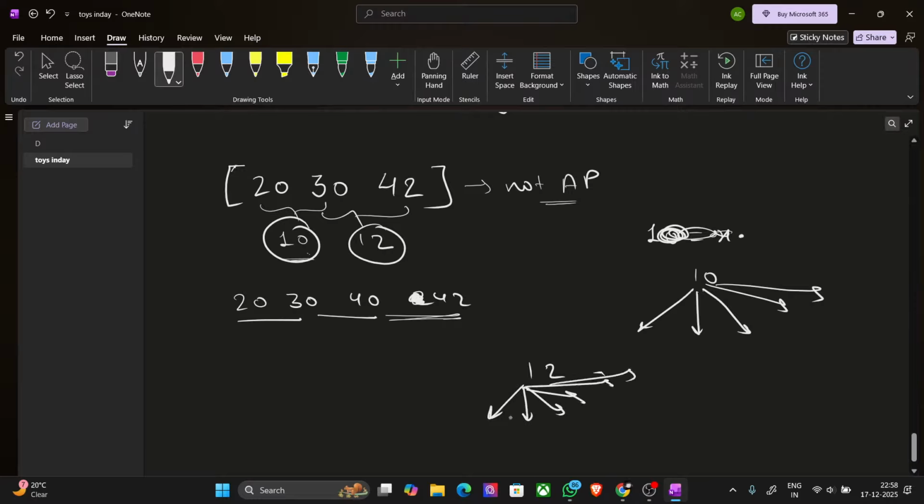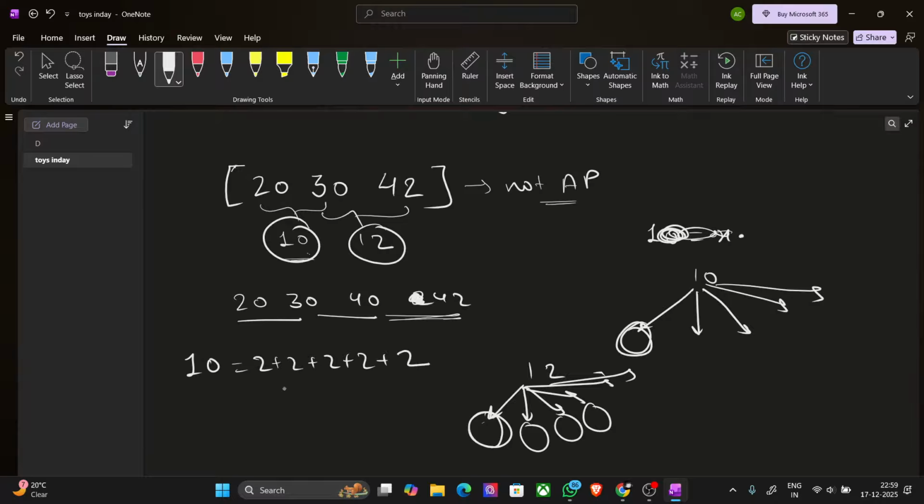After breaking down, I have to check that the parts must be equal to each other, and the part of 12 is equal to the part of 10. If you take 10 equal to 2 plus 2 plus 2 plus 2 plus 2, and 12 is 2 plus 2 plus 2 plus 2 plus 2 plus 2, right? So as you can see, the parts for 10 and the parts for 12 are equal, which is 2.